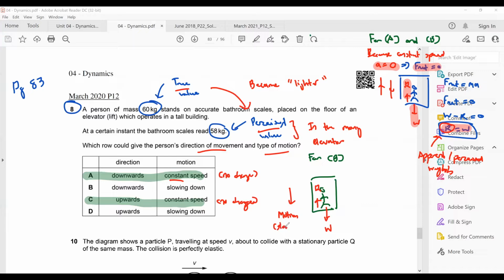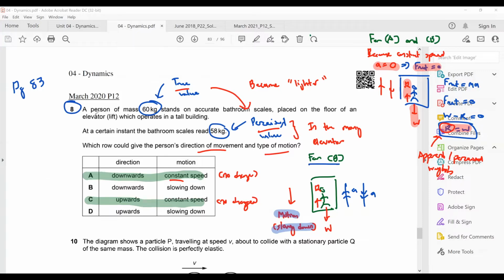If you're moving downwards but you are slowing down, where do you suppose the direction of your acceleration should be? Should it be going up or should it be going down? You're moving downwards, but you're slowing down.